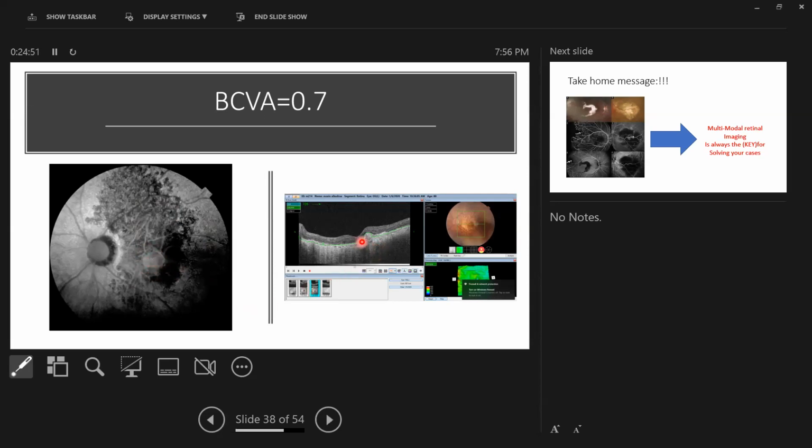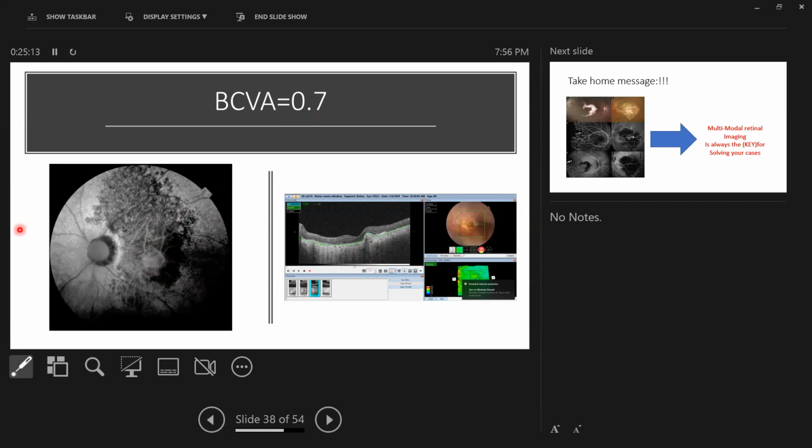Even with the OCT, we sometimes cannot identify the photoreceptors very well. But with the fundus autofluorescence, we can identify that this small island, which is preserved, makes the patient see 0.7. So that's why the patient sometimes can see and sometimes cannot see. Try to just fixate on this small area.